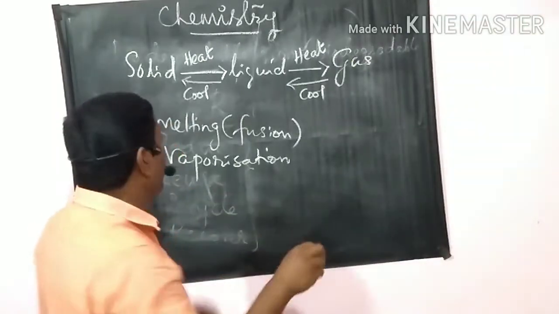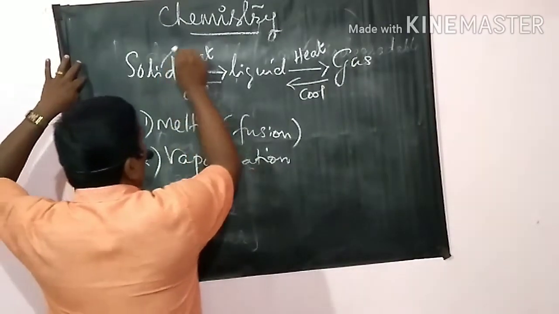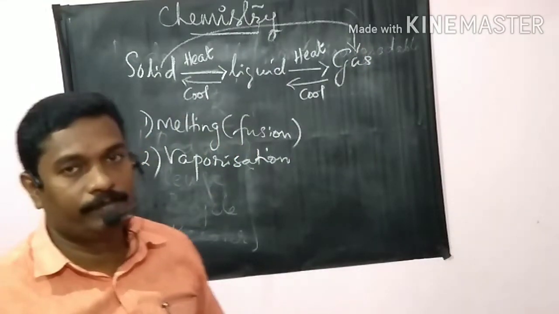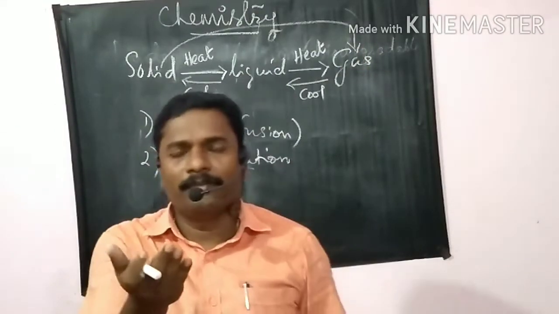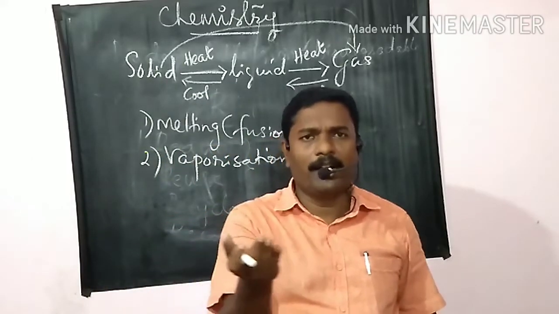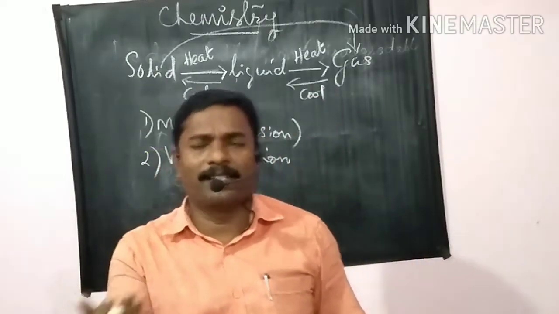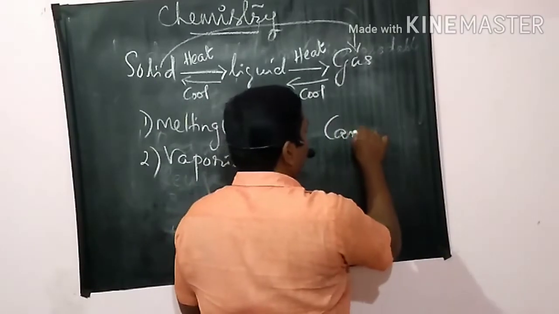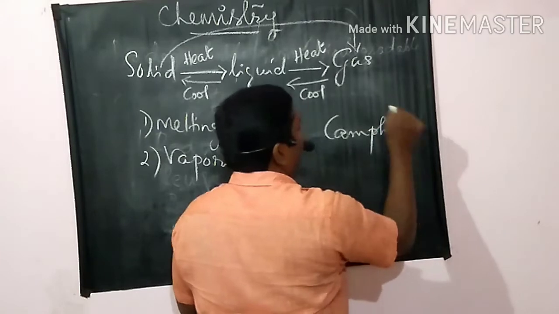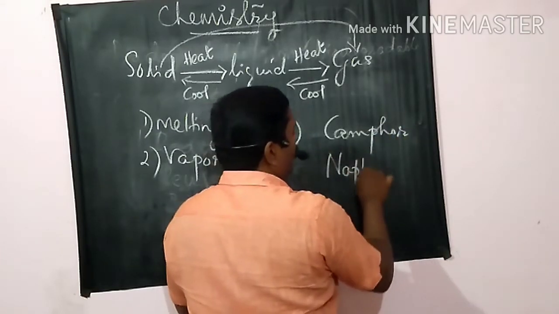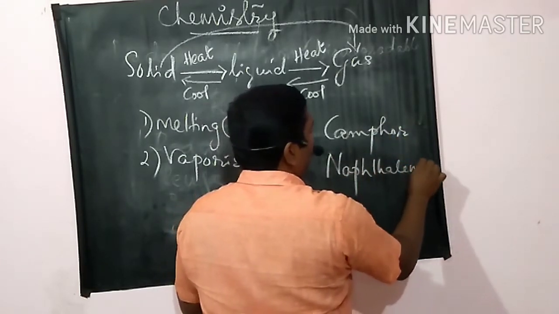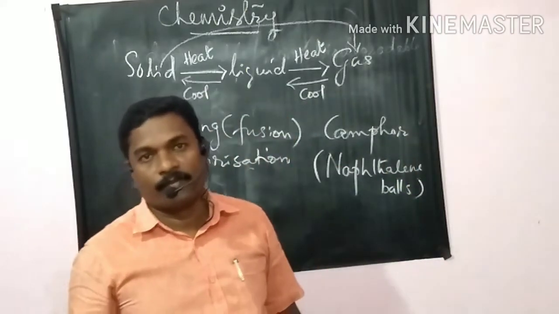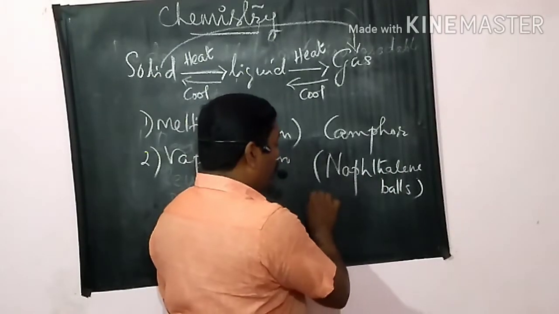Then what's the name given for the conversion of solid to gas directly without changing to liquid? Take 1 gram or 2 grams of ammonium chloride crystals, or simply camphor or naphthalene balls. Naphthalene balls are also known as mothballs.